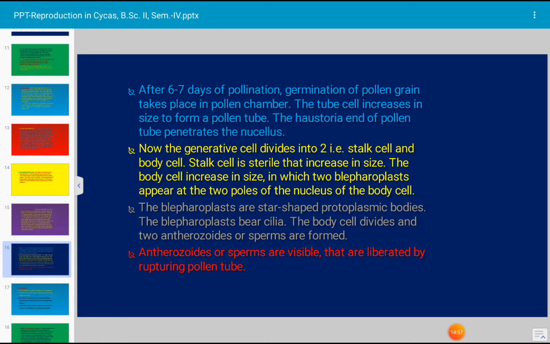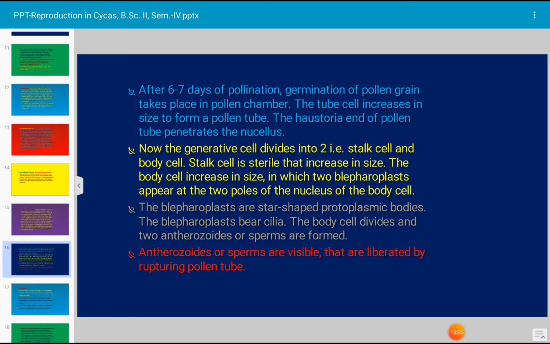Now the generative cell divides into two, that is the stalk cell and the body cell. Two cells are formed by the division of the generative cell. The stalk cell is sterile and increases in size. The body cell increases in size, in which two blepharoplasts appear at the two poles of the nucleus of the body cell.